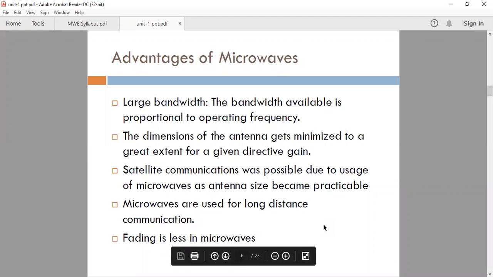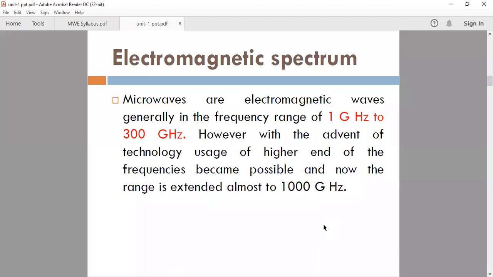So now coming to the advantage of microwaves, all of you please note down. Unit number 1, you can put introduction.